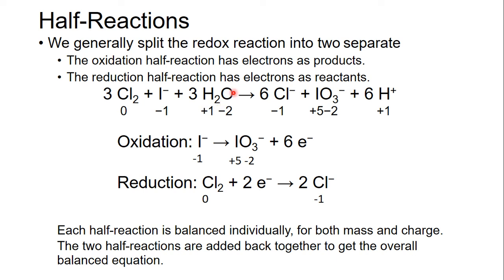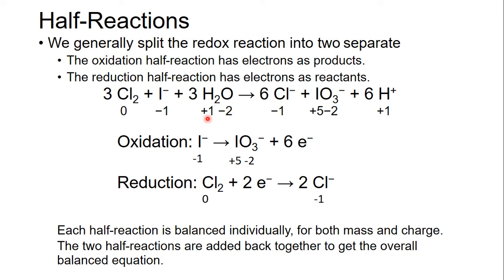If a compound is neutral, the oxidation states must add to 0. Oxygen in a compound will usually have an oxidation state of minus 2. Hydrogen in a compound will usually have an oxidation state of plus 1.